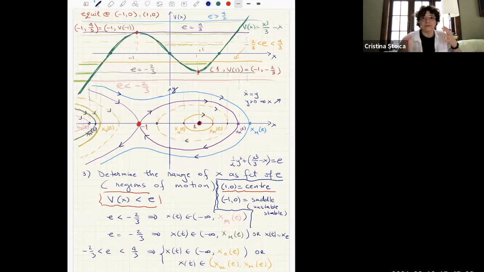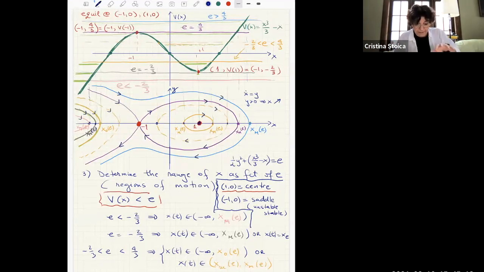So there are two levels: is it stable or unstable, and if it's stable, which kind is it? Is it neutrally stable, like a center? Is it a sink? Then the unstable ones would be sources, but we don't have them in this kind of system.